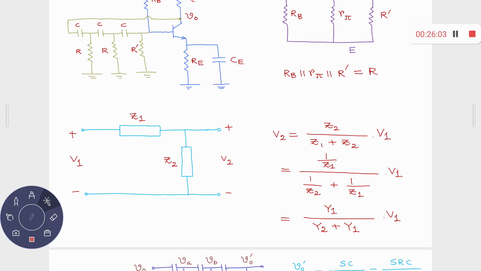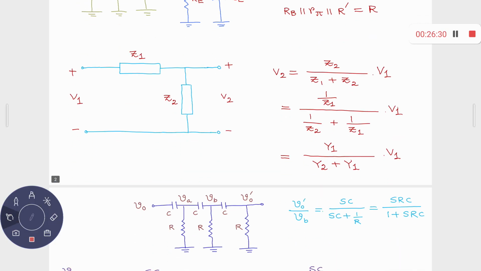I can also write it as Y1 by Y1 plus Y2. We will use this one, because ultimately the circuit that we will deal with is not that easy. Remember, this voltage is the admittance of this divided by the summation of two admittances, multiplied with this input voltage.